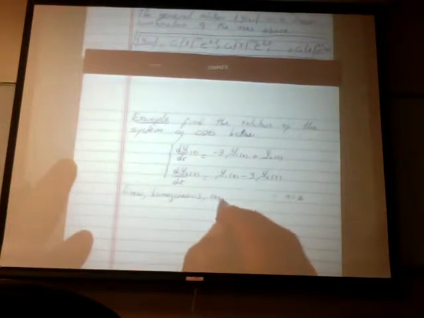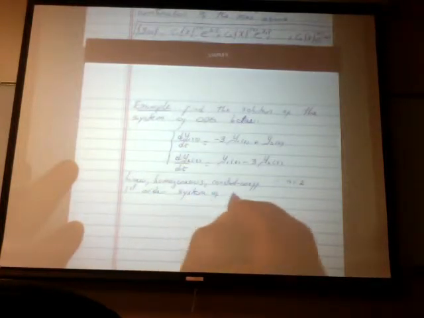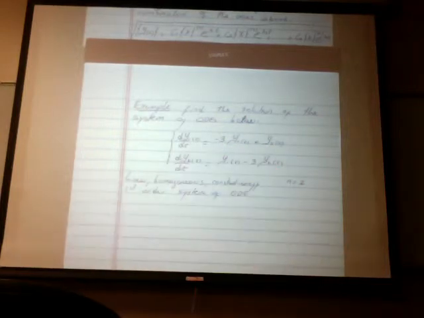All the coefficients are multiplying either a derivative or the zero derivative, which is y1, y2. Constant coefficient. First order system of ODEs. Constant coefficients because the coefficients multiplying the y's, minus 3, 1, 1, and minus 3, are all constants. None of them are a function of time.